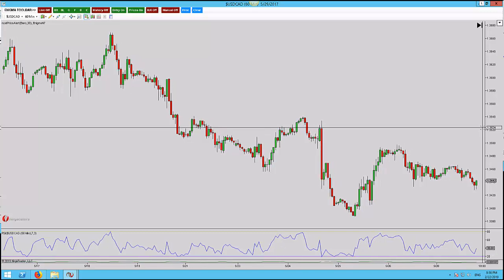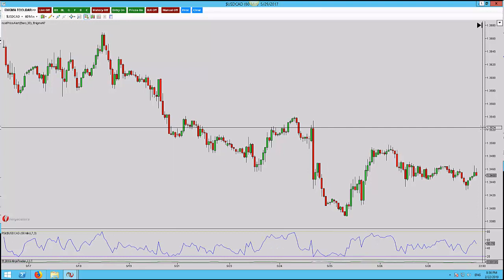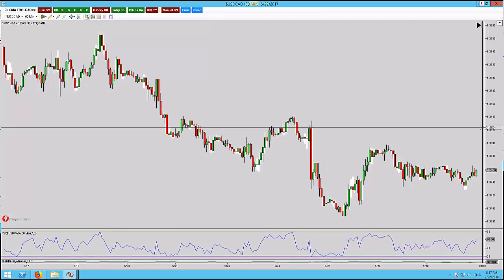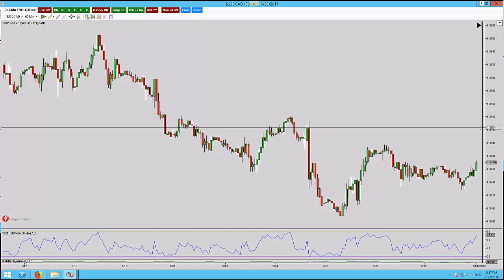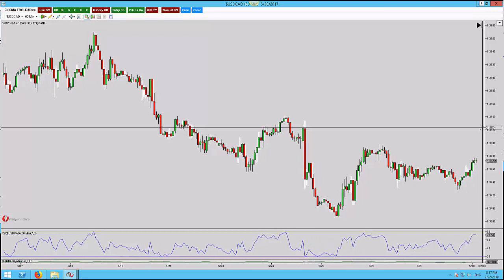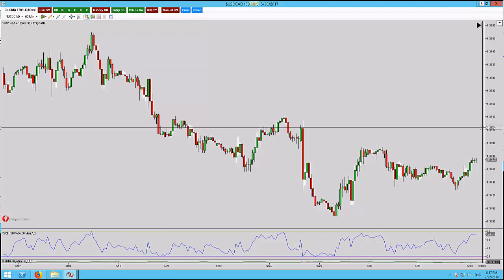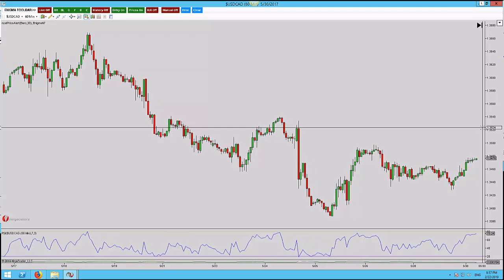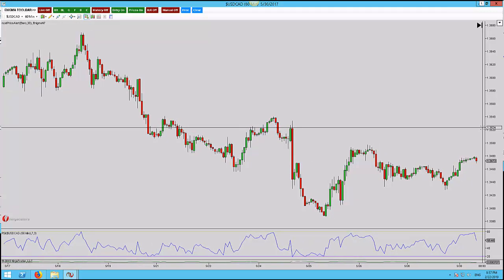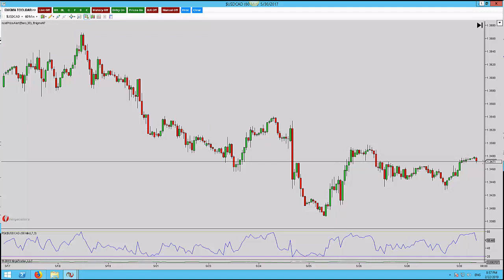Yeah, we could get a drop here. Okay, we're going higher. If we get a lower low, lower close here, I'll enter. Just there. Okay, so I'm going to enter just here.